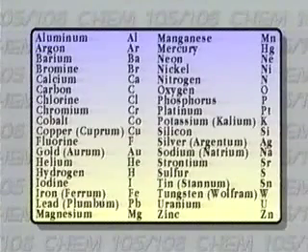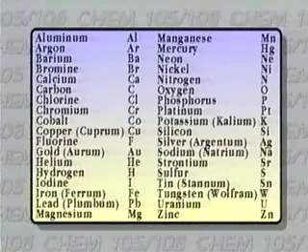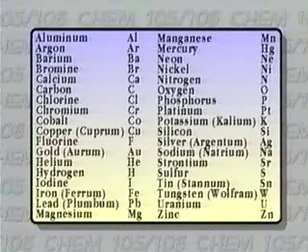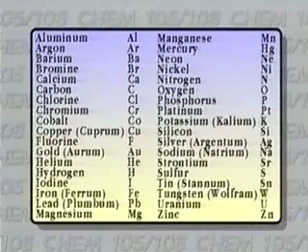Now, if we take a look at the first few here, aluminum, we see the symbol Al. That looks pretty good. Argon, Ar, barium, Ba, bromine, Br, calcium, Ca. Notice the first 5 elements that we see in that table, that the symbol is what?